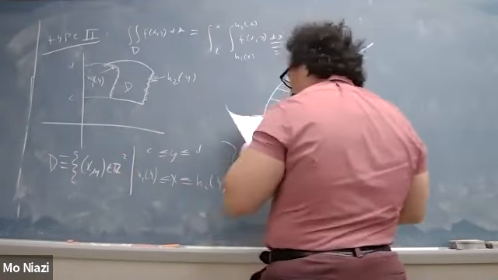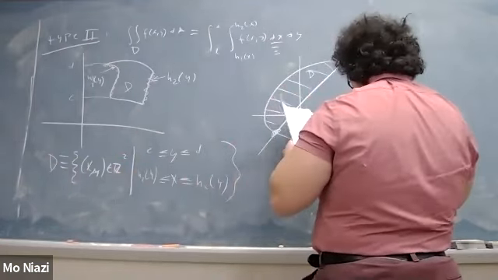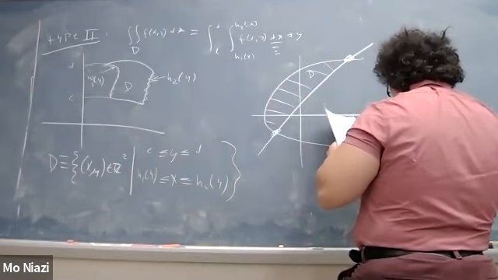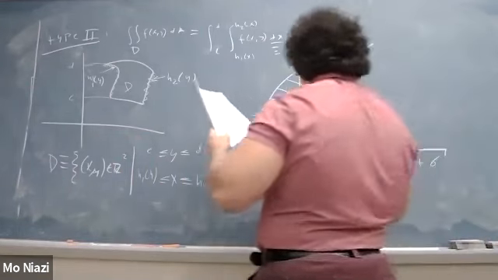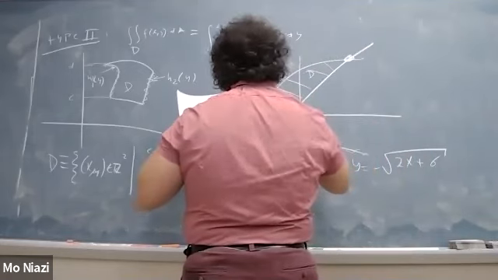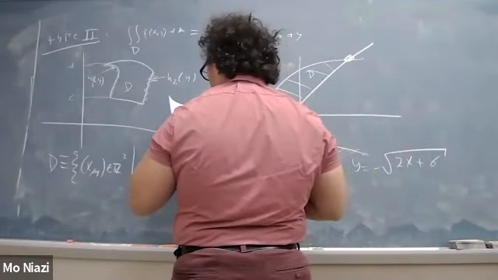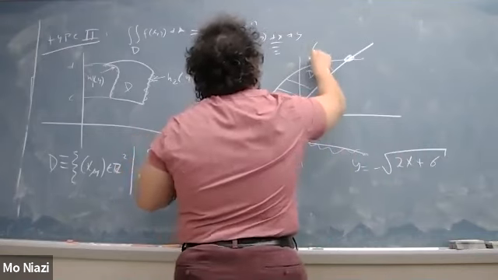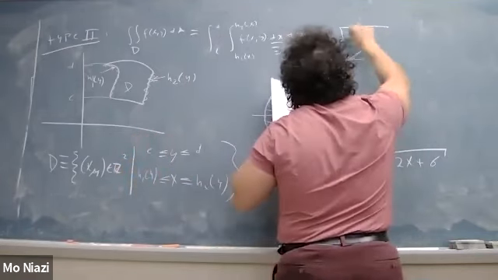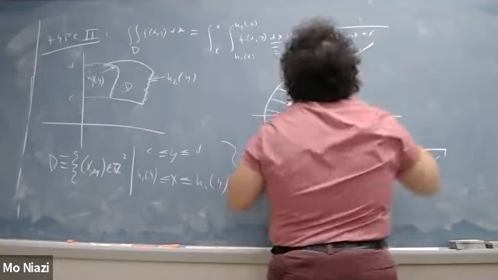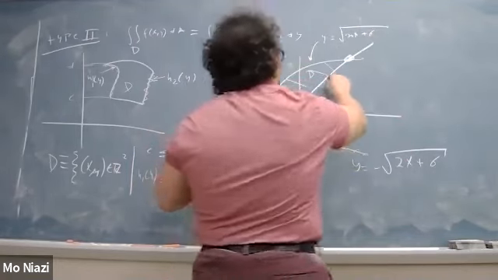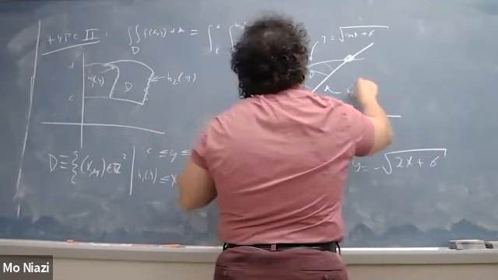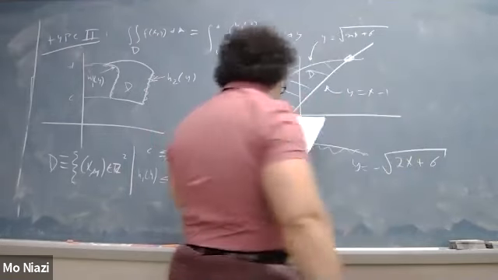It's bounded by a function y is equal to negative square root of 2x plus 6. That's this part right here. Okay. And over here up top, this is y is equal to positive square root of 2x plus 6. All right. And over here, this is the function y is equal to x minus 1.